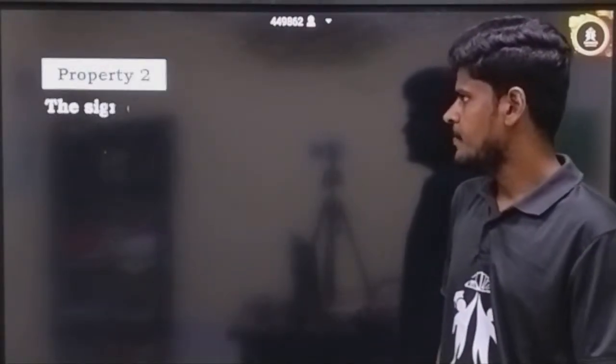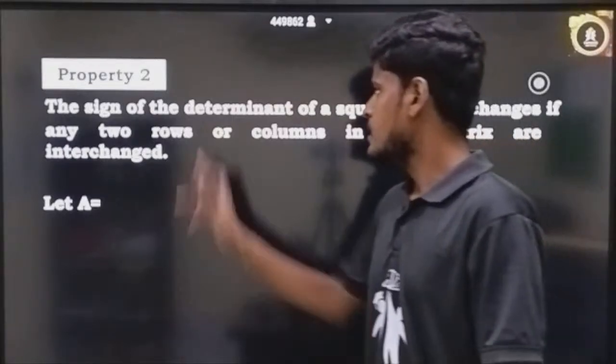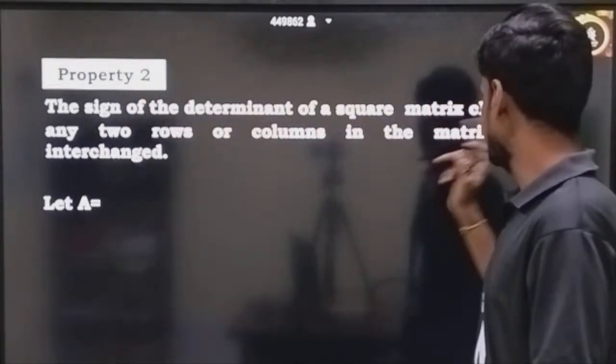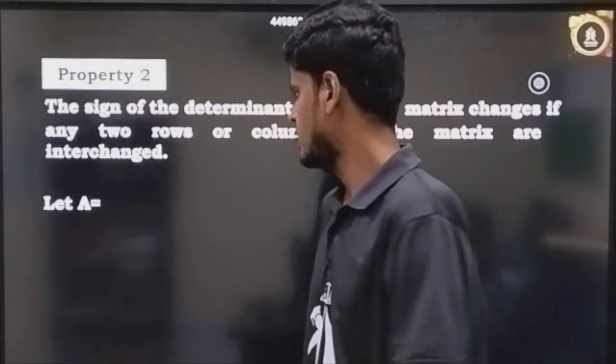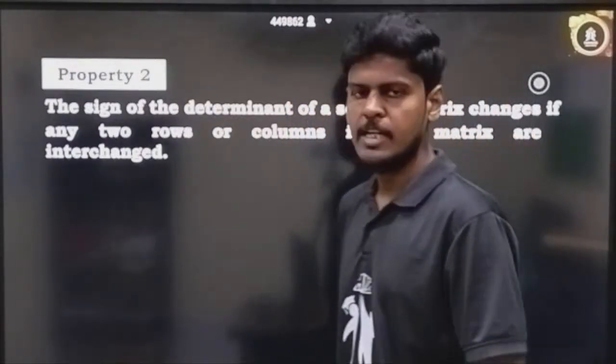Second property, the sign of a determinant of a square matrix changes if any two rows or columns in the matrix are interchanged. We will discuss with one example.